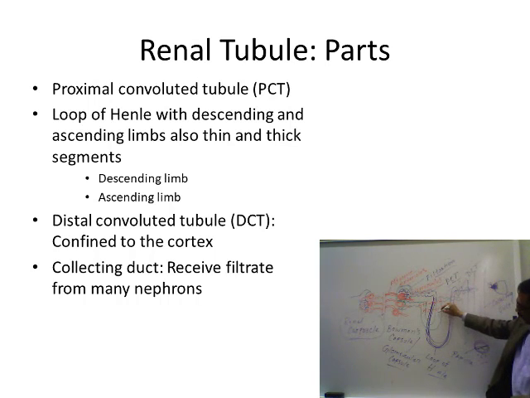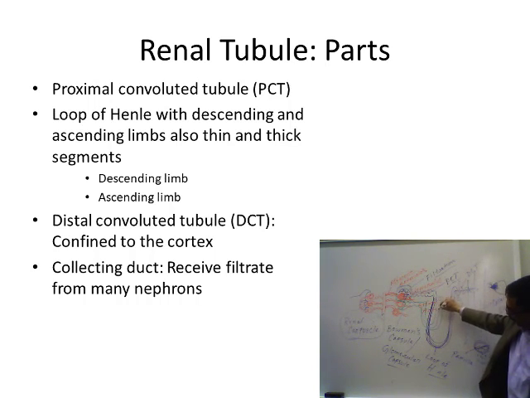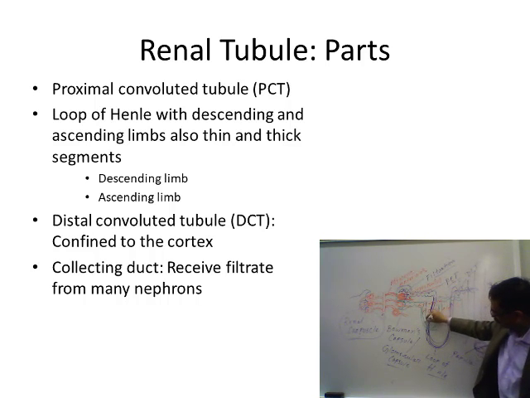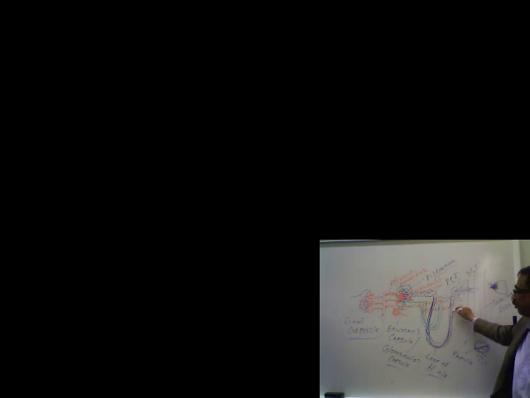Now the difference here is this short-loop nephron is the cortical nephron. The loop of Henle is short, and this long loop of Henle nephron is called the juxtamedullary nephron. So this is the cortical nephron, this is the juxtamedullary nephron. The long-loop one is juxtamedullary.